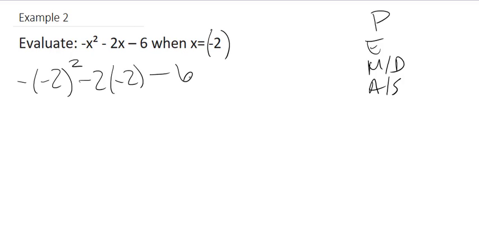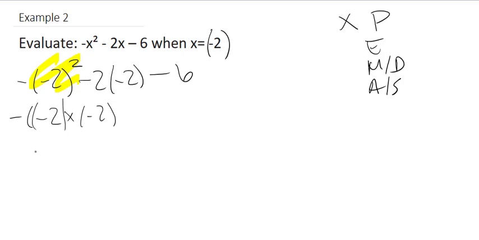So let's look at our list of how we would proceed with this. We don't have any operations in parentheses, so we can skip that first step. Then we look for exponents, which we see we have one right here. So let's do that. So negative 2 times negative 2 is equal to positive 4, as we have 2 negative signs, which then becomes positive.